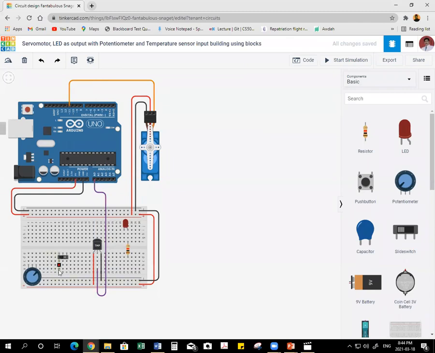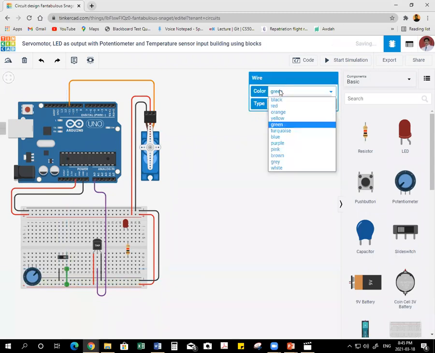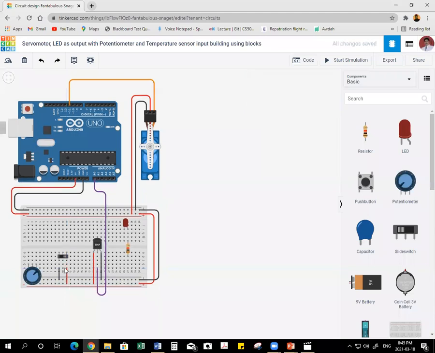Now the switch. One connection is ground, I will give black. Now another connection I will give as power, red. Now I will give a switch as an output so that it can be taken as a control.